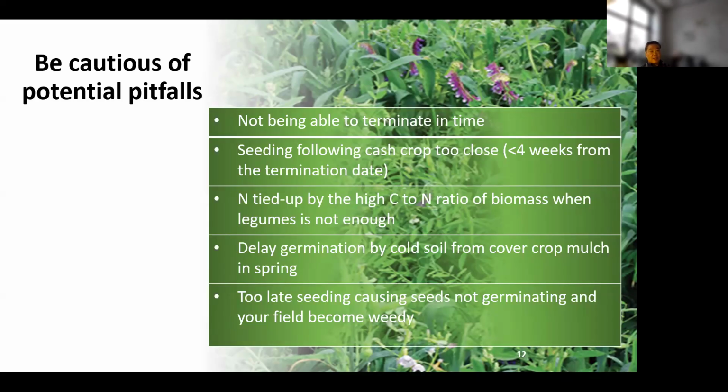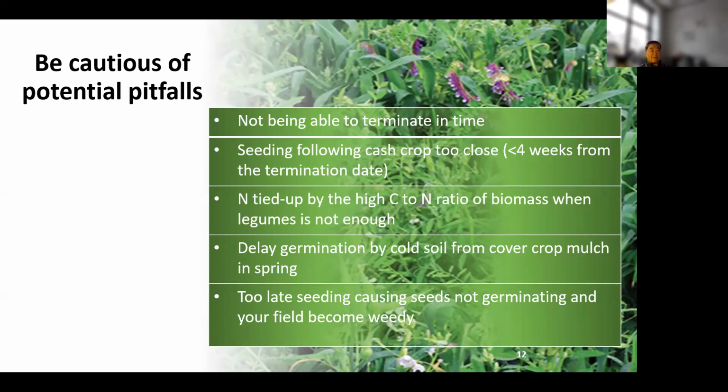In organic, we rely on cover crops to provide nitrogen supply. So you need to put in enough legume seeds to produce over 50% of the biomass in those cover crops to get the maximum nitrogen benefit.